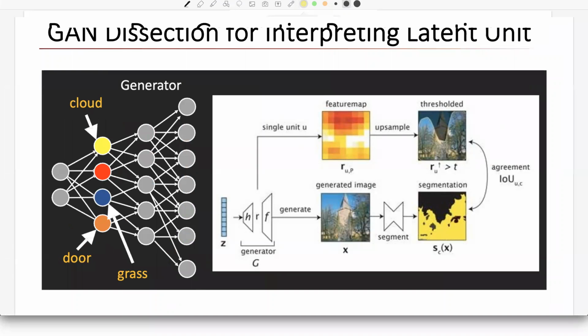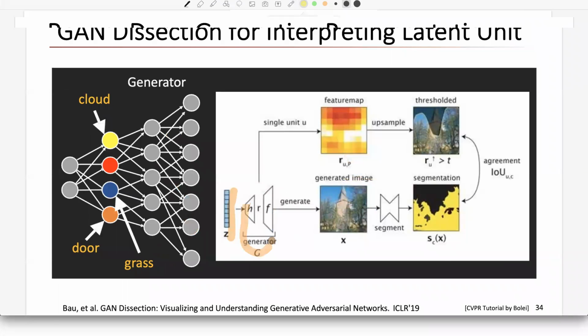In 2017, there was a very, very interesting paper called GAN Dissection for interpreting the latent unit. In this paper, they showed that we have a latent vector z and generator G, and we can generate new samples like this one, right? And we can select a single unit within this intermediate hidden layer, then we can draw the feature map.